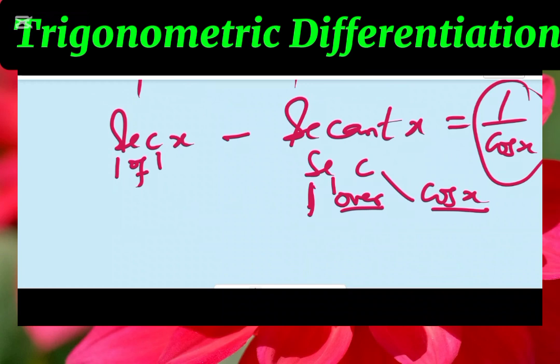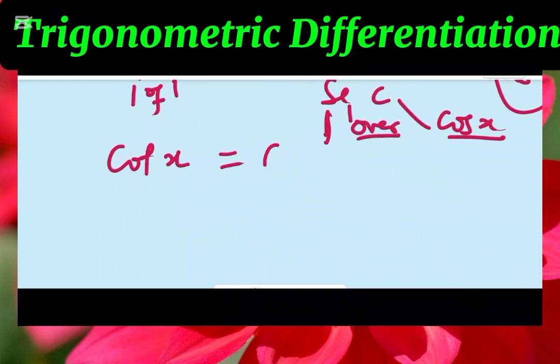So I have cot x. Cot x means cotangent, and this is 1 over tan x. How?